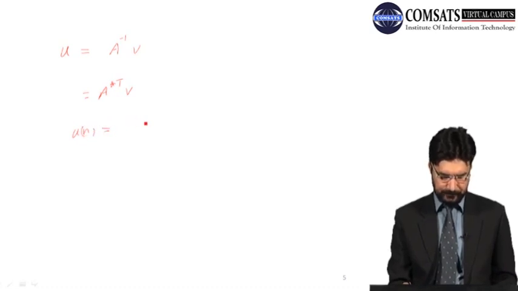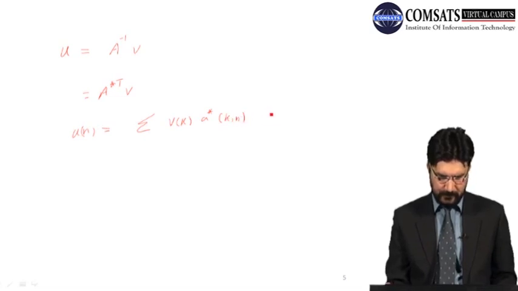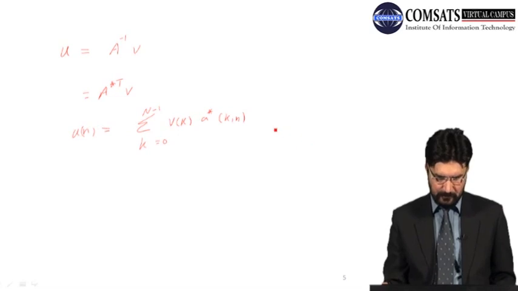Un is equal to summation V K A conjugation Kn, where K varies from 0 to N minus 1, and n is greater than or equal to 0 and less than or equal to capital N minus 1.